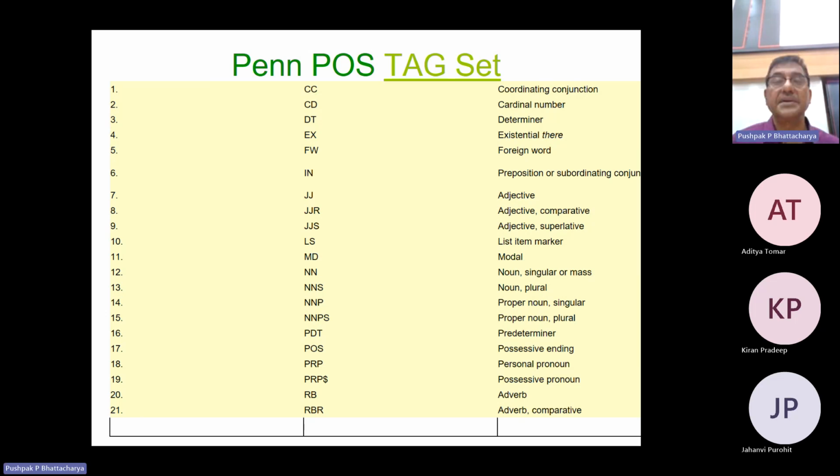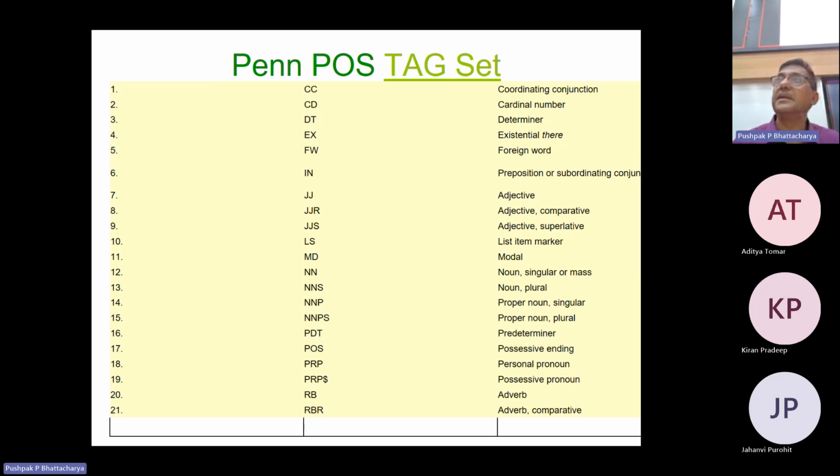CC is called the coordinating conjunction: and, or. For example, both Delhi and Mumbai. What is the part of speech tag of and? And will be CC, coordinating conjunction. CD is the cardinal number. So, I had 5 mangoes. What is the part of speech tag for 5? 5 is called cardinal. The label is CD.